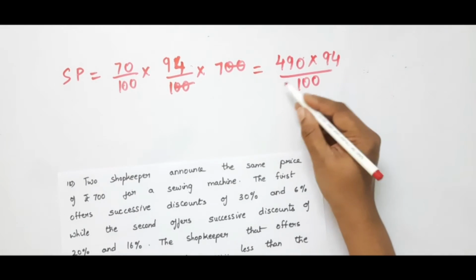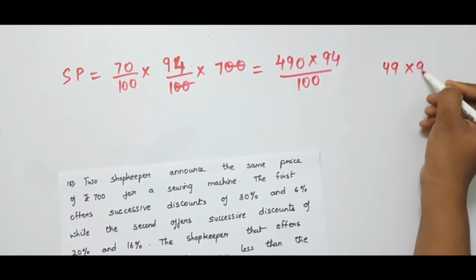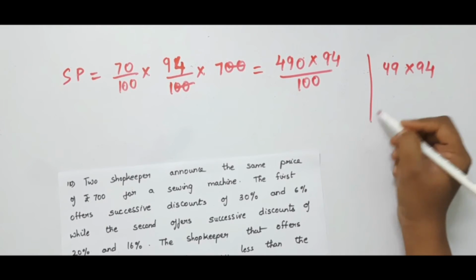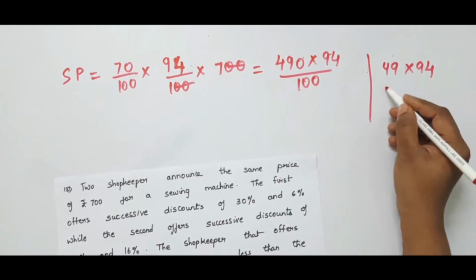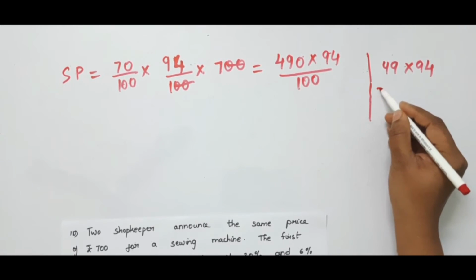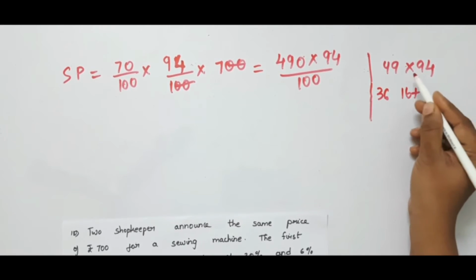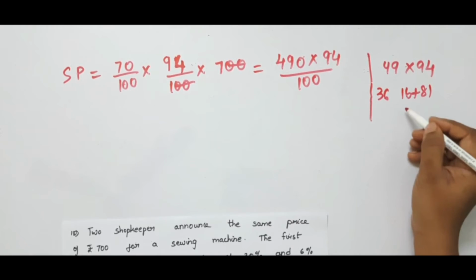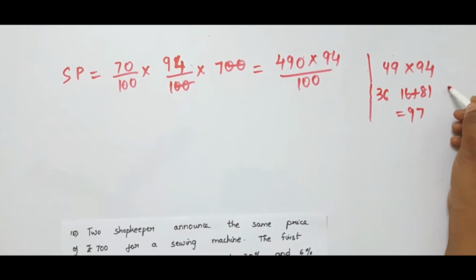Now we have to find 49 into 94 using this multiplication trick as I did in previous problems, which is in my channel only. I am using the multiplication trick of my channel. 9 into 4 is 36, 4 into 4 is 16, plus 9 into 9 is 81. This is equal to 7 and this is 9, and 9 into 4 is 36.